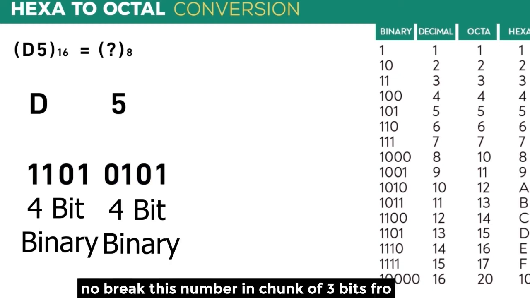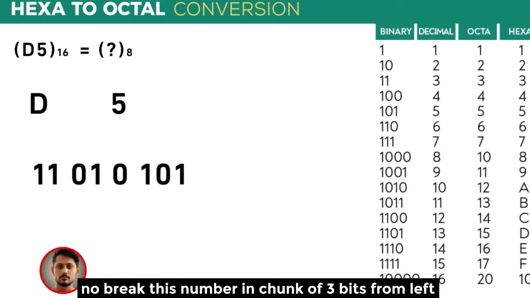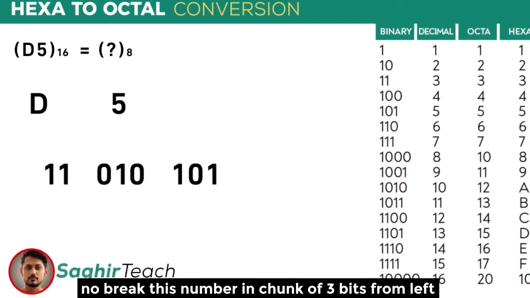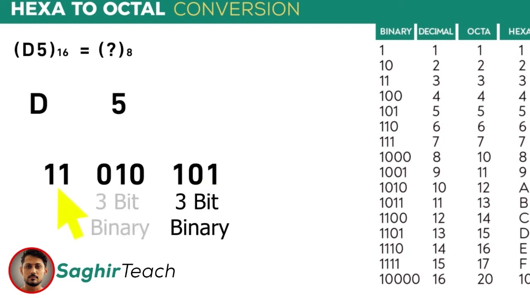Now the next step is to combine them and break this into chunks of 3 starting from the left, which will give us 11, 010, 101. As we need 3-bit numbers, 11 is falling 1 bit short, so we will add 0 to the left side of it to make it a 3-bit number.